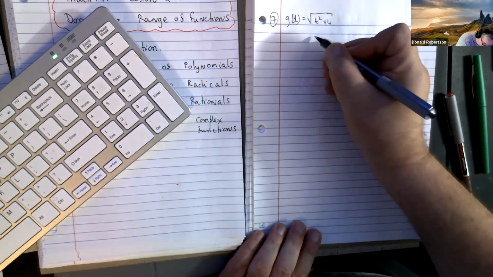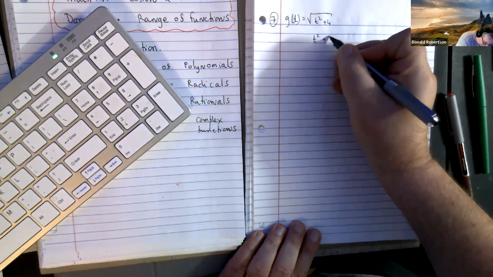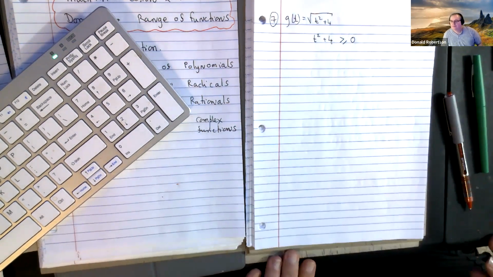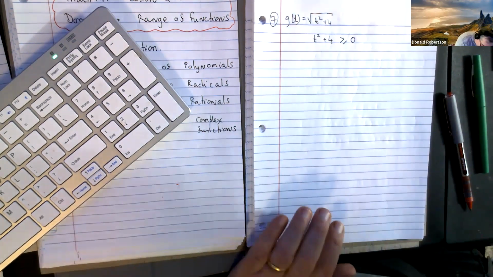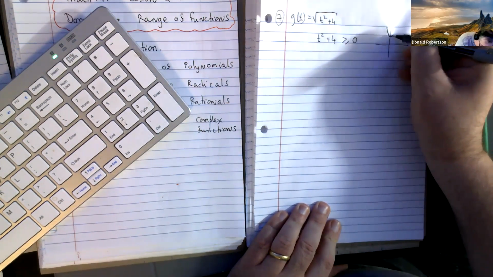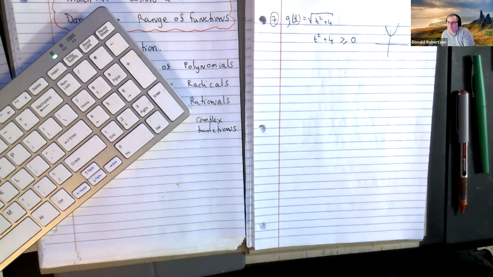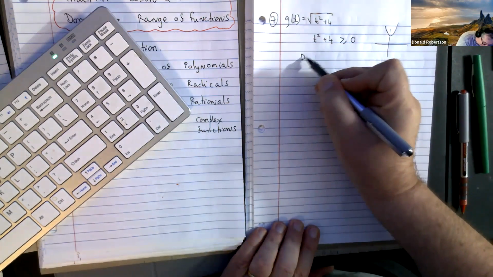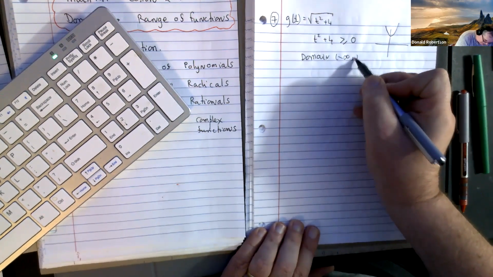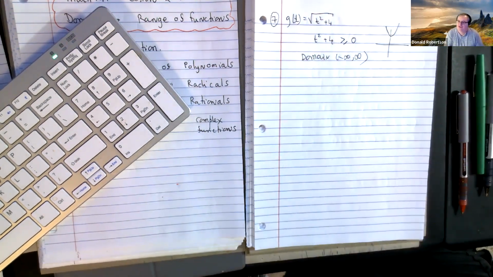Oh, it's a square root. Well, for a square root, that has to be true. Agreed? Now, if you sketch that, can you trust me? It looks like that. Which means everybody works. Right? Any value of t. So your domain would be everybody. So it's actually quite an easy question.